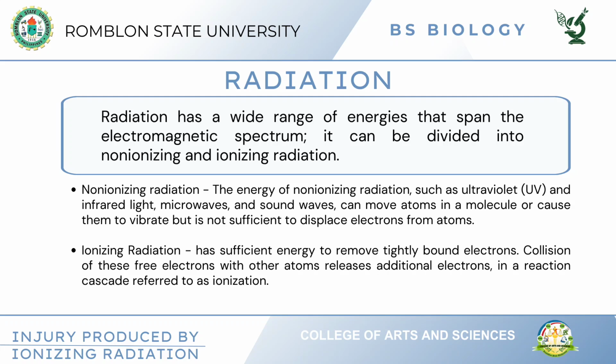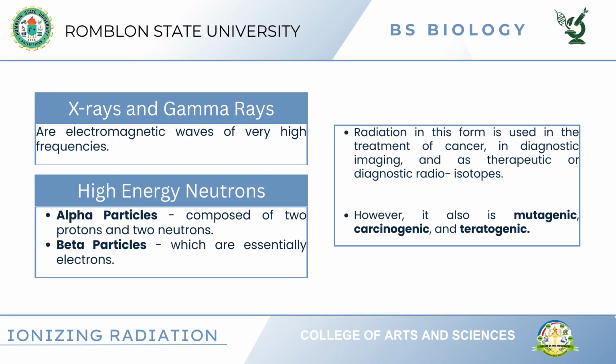So, the main sources of ionizing radiation are first, X-ray and gamma rays, and second, the high-energy neutrons. So, X-ray and gamma rays are electromagnetic waves of very high frequency. While for high-energy particles, there are alpha particles and beta particles. Alpha particles are composed of 2 protons and 2 neutrons, while beta particles are essentially electrons.